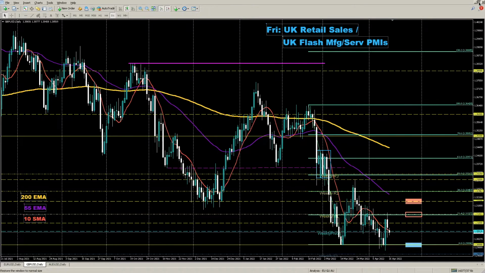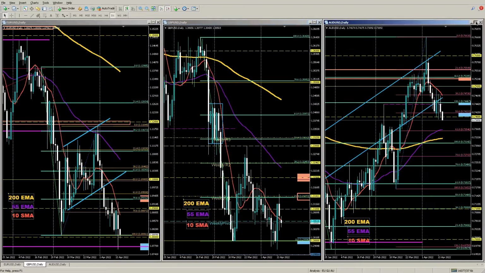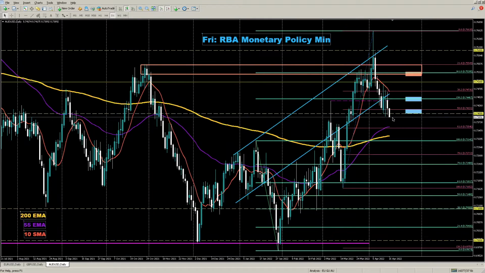Let's move on to the Aussie dollar, where the Aussie dollar has also been trading in a narrow range and drifting lower, especially on the Friday, where markets should be basically quiet, but it still drifted lower and closed lower for the week below the 74.00 support zone here.